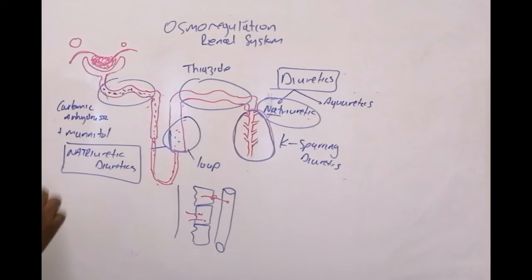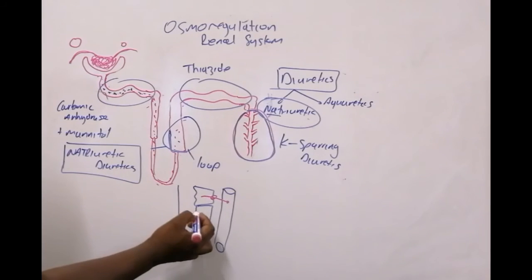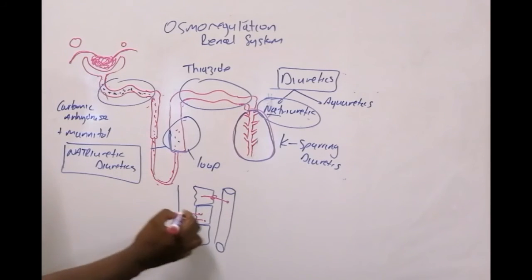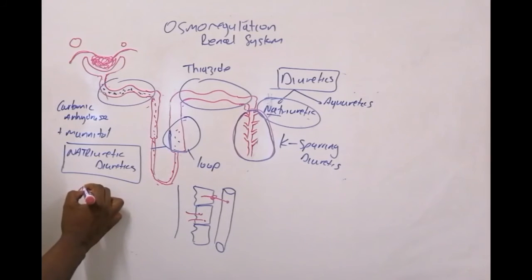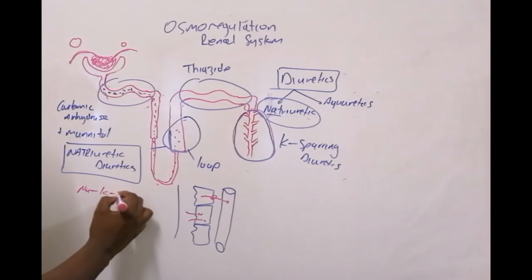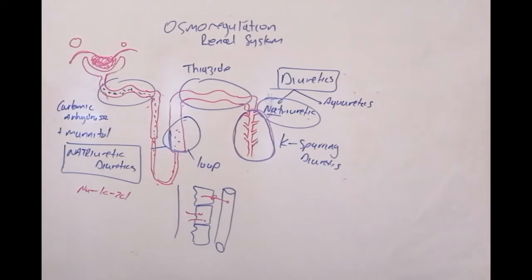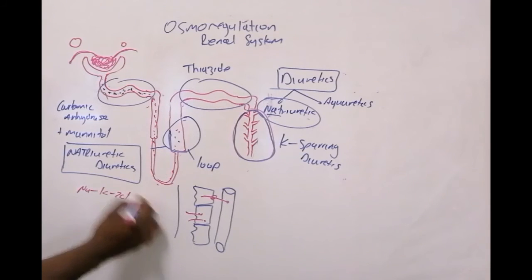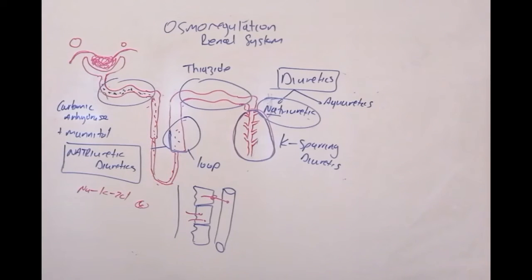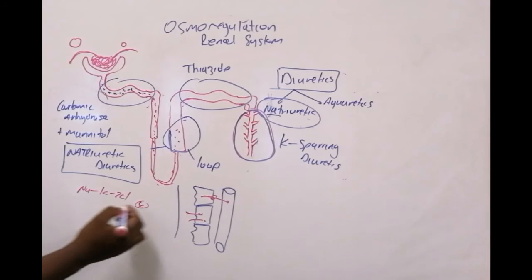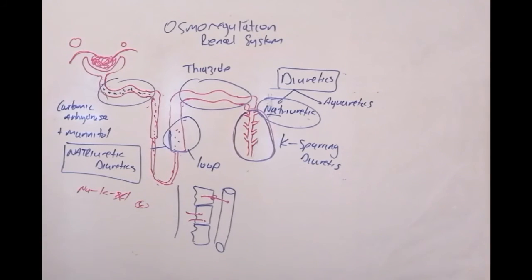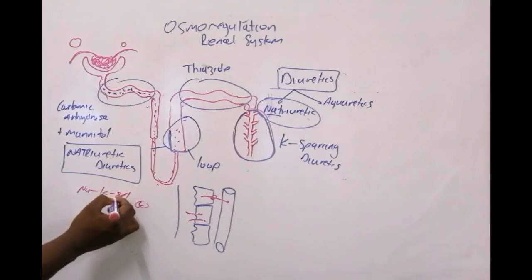Now, loop diuretics prevent that sodium potassium 2 chloride channel from working. This channel has 4 locations to bind. Apparently the loop diuretics come in and bind on the chloride site.